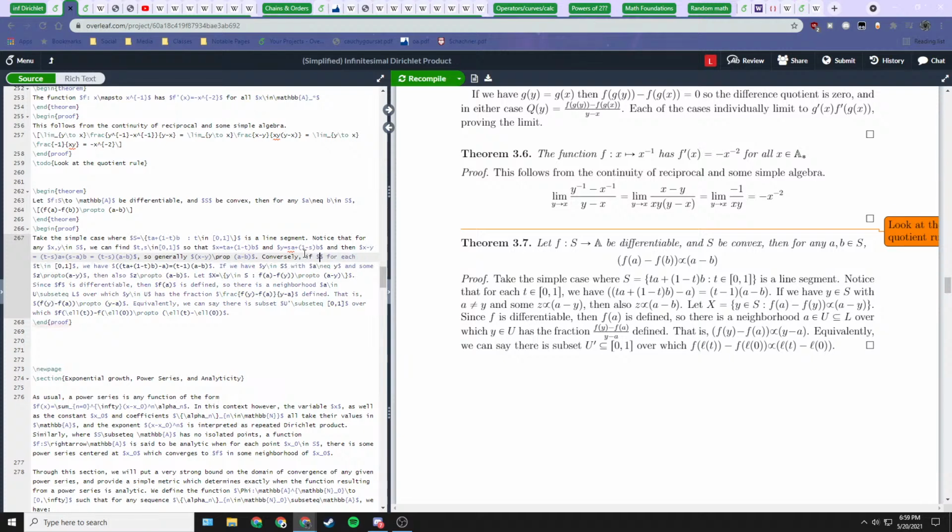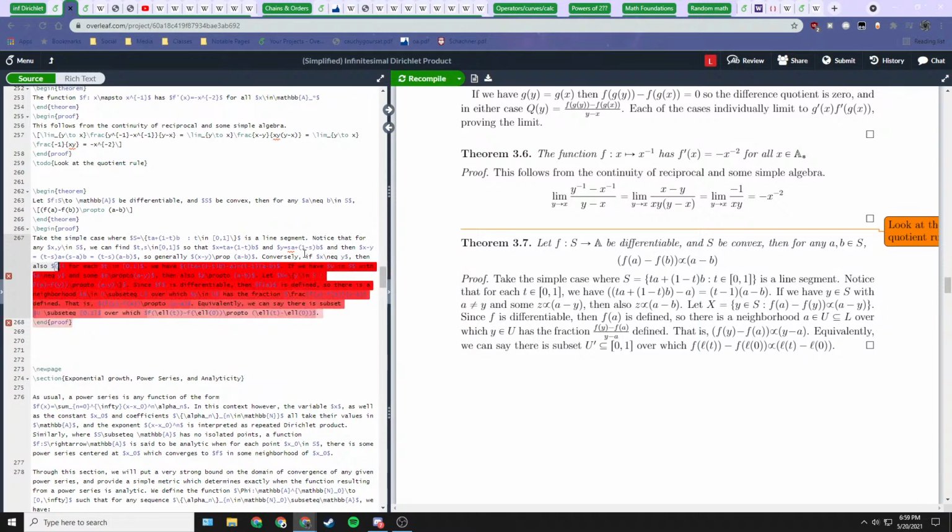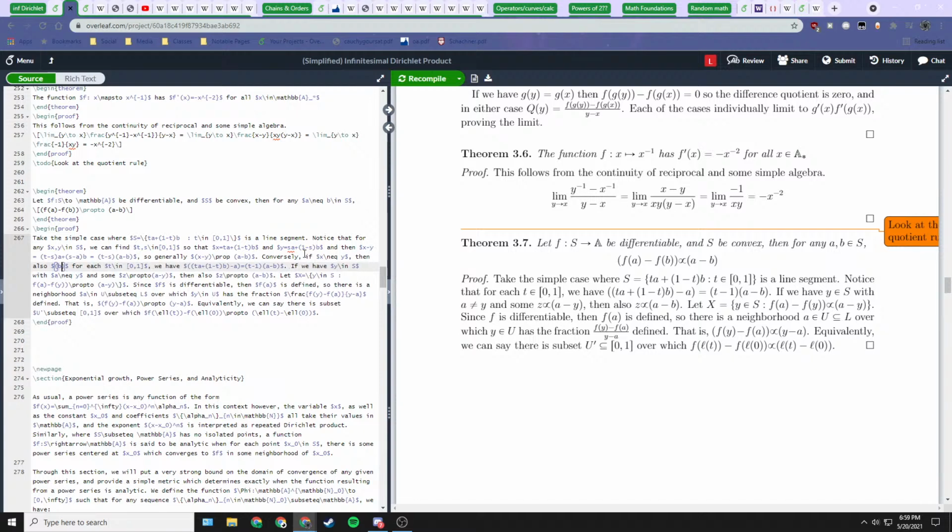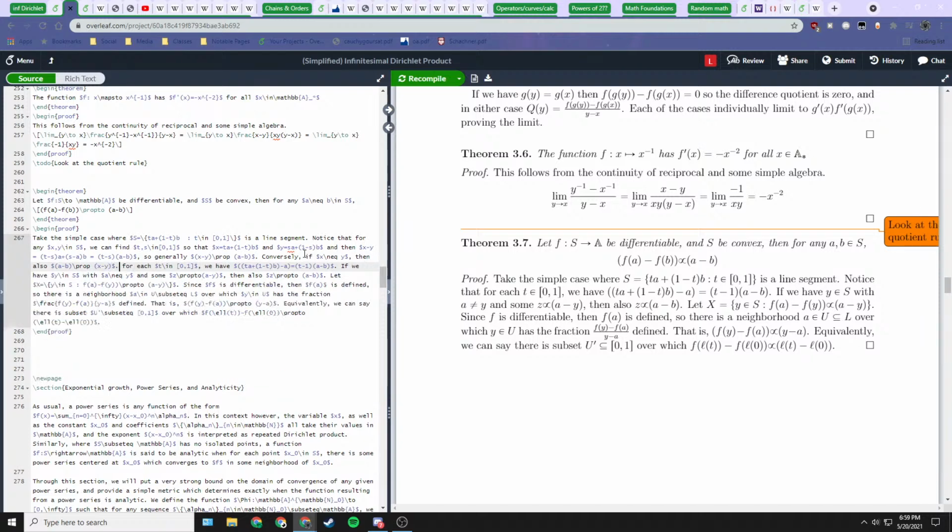Conversely, if x is not equal to y, then a minus b is proportional to x minus y.